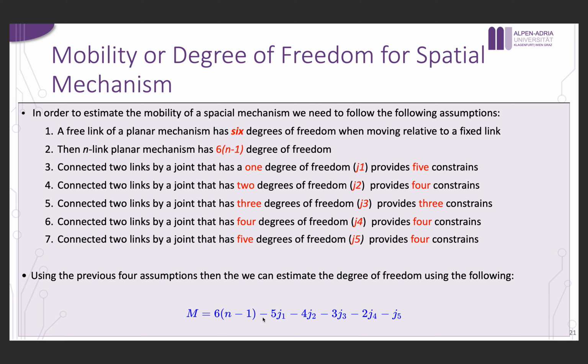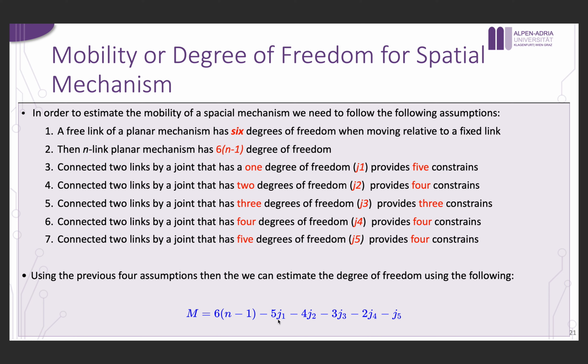Now, after that, exactly the same as before, we start to reduce, or constrain, the degrees of freedom, or mobility as also called, by considering the different number of joints we have in a mechanism and how many of them. So we have here J1, 2, 3, 4, and 5. They represent basically 5 types of joints.